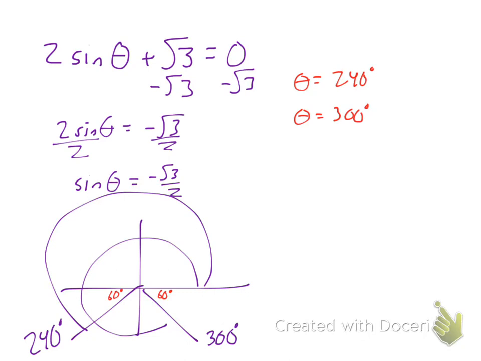Here's the cool thing. We've already established what they are. It's 240 plus what? 360. What's 240 plus 360? 700? 600? 600, sorry.